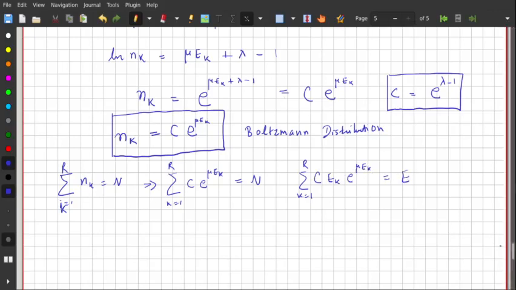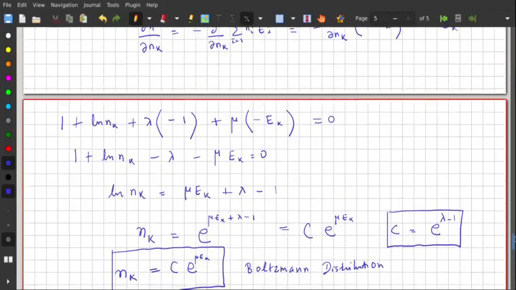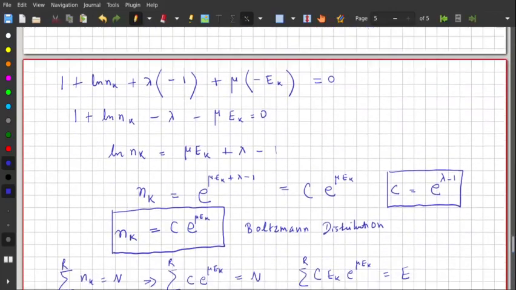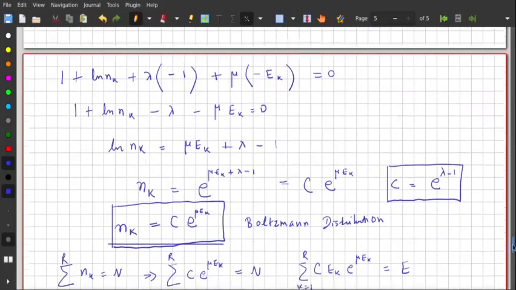So based on these two constraints, the constants could be figured out, but this was the expression we were looking for, the distribution of particles basically.